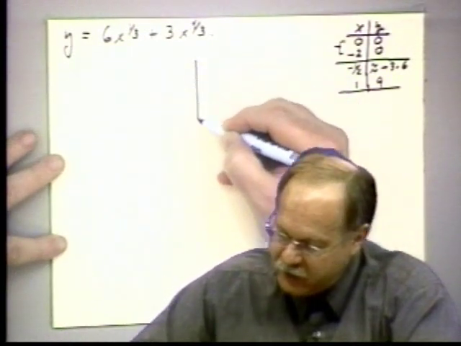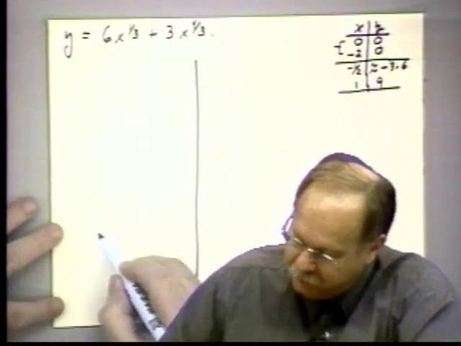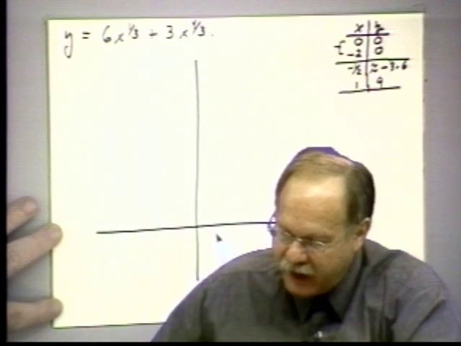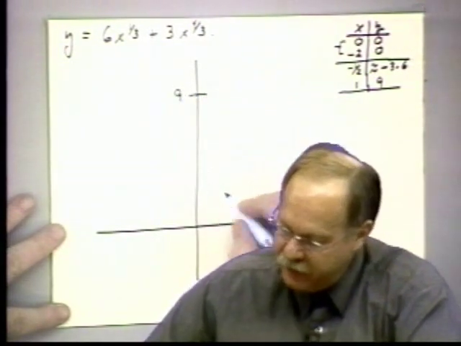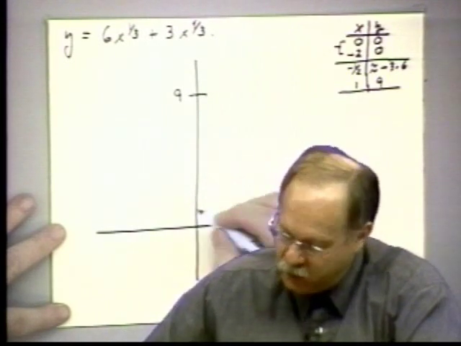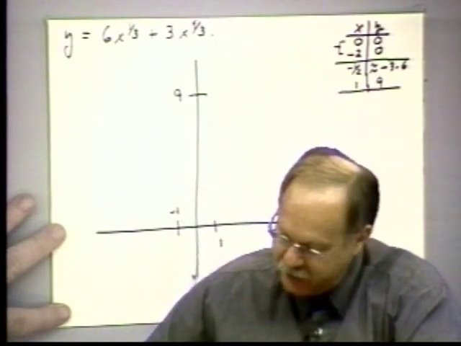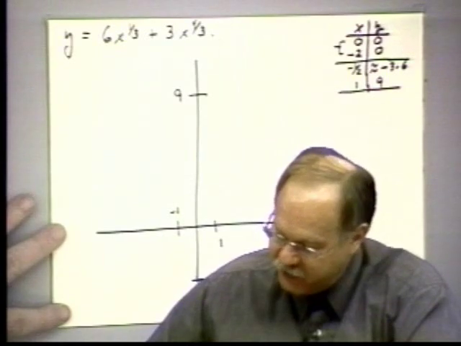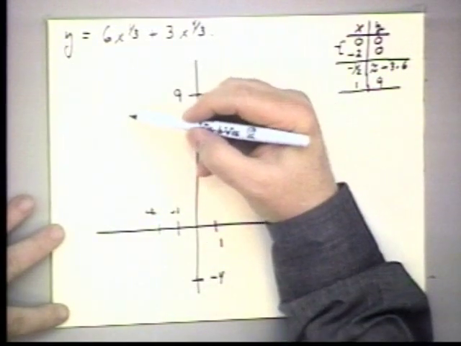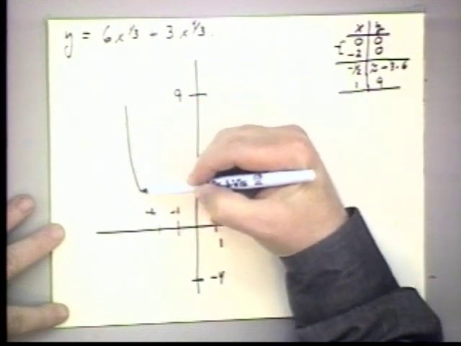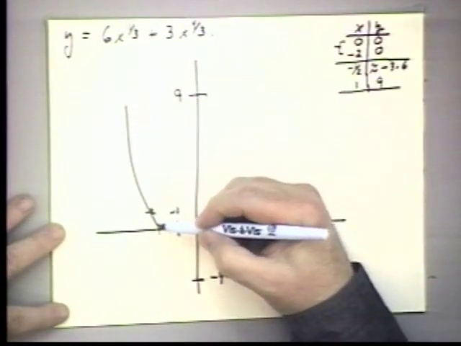Now this curve is a little strange looking compared to ones we've seen before. So let's go ahead and see what we've got here. We mark 9 about here. That's roughly correct. There's 1. There's minus 1. Down here I'll have a minus 4. And over here the minus 2. This curve is going to come down here like this and pass through minus 2.